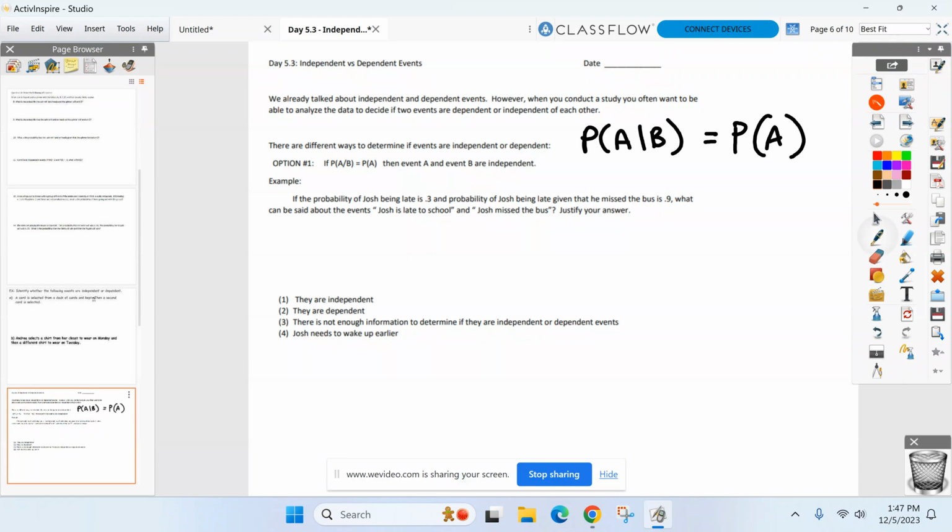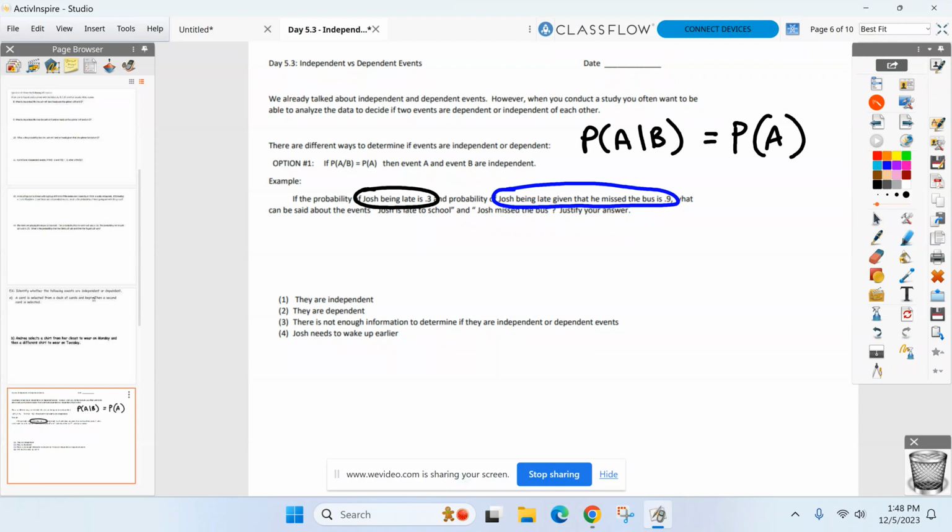So that's exactly what we're going to do here in example 1. First thing we know, probability of Josh being late is 0.3. The probability of Josh being late given that he missed the bus is 0.9.